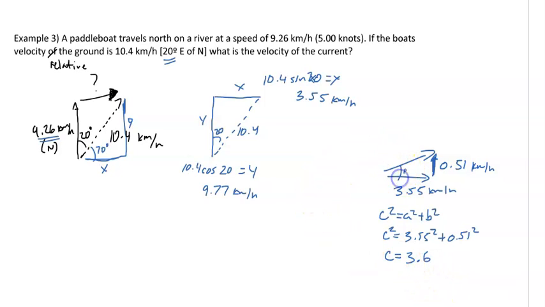To find the angle, we're going to use tan: 0.51 over 3.55, and that angle is going to be 8.2 degrees. Now, based on the way we've drawn this, it is north of east.